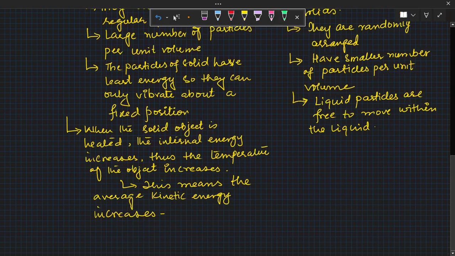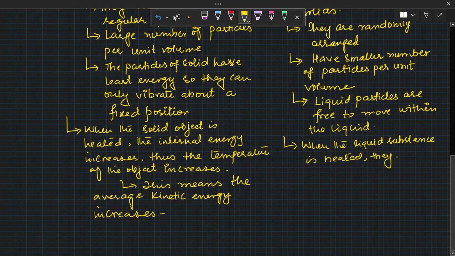Now, what if I heat the liquid particles? So what will happen? First of all, we will talk about the temperature rising. When the liquid substance is heated, they start vibrating faster.